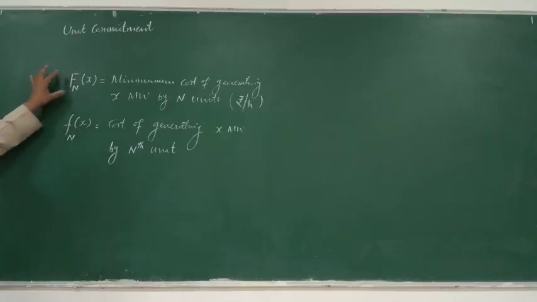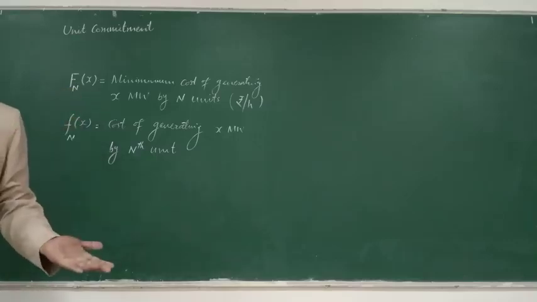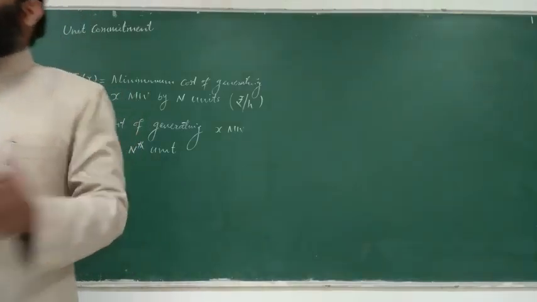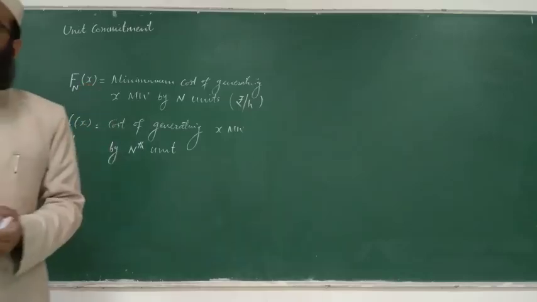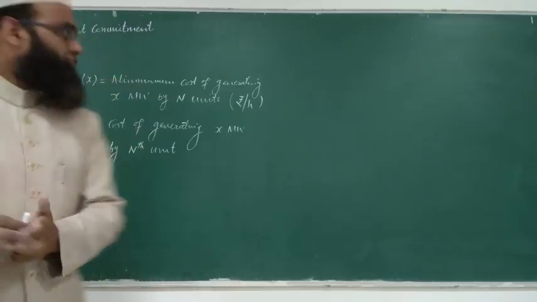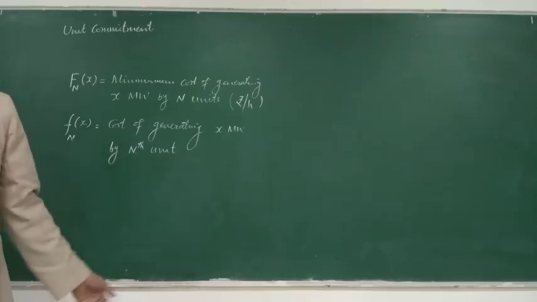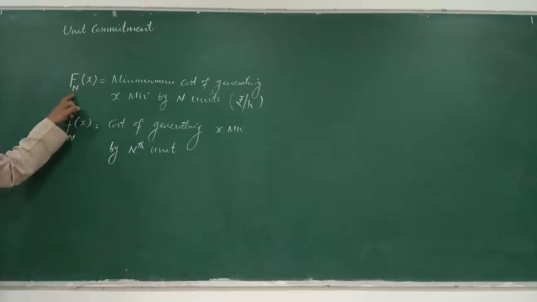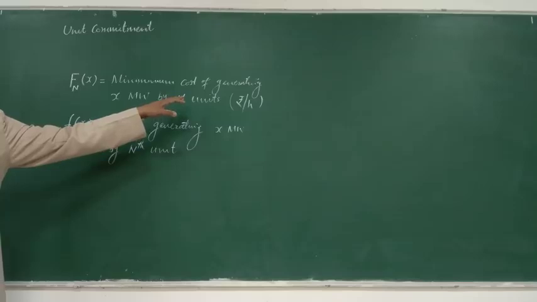Capital F means the minimum cost of generating this by n units. Suppose n is 5, so 5 units are operating and the total generation from the 5 units is x, and the loading on the 5 units corresponds to optimal loading. That's why we have used minimum cost of generating. Otherwise, various other combinations will also be possible to generate x megawatt from n number of units. But this is corresponding to minimum operating cost.